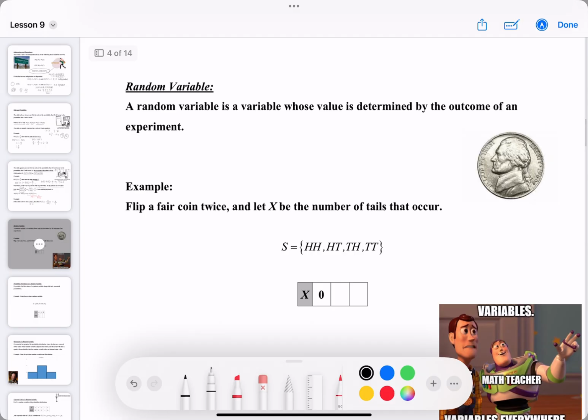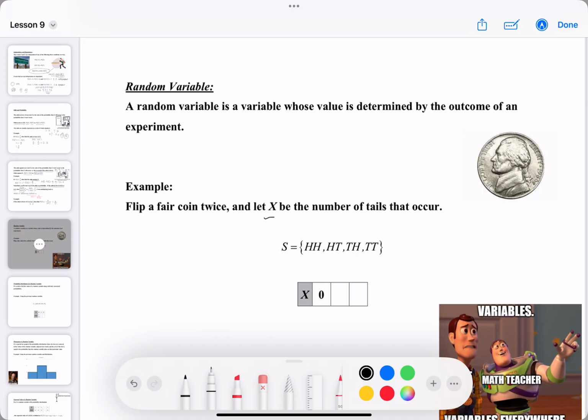Okay, let's see random variable. A random variable is a variable whose value is determined by the outcome of an event, of an experiment. For example, flip a fair coin twice, and let X be the number of tails that occurs.